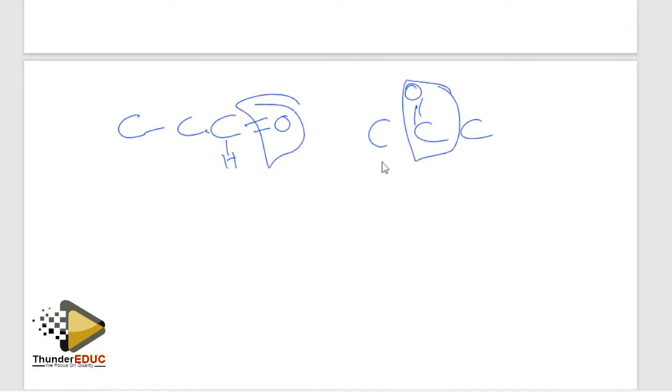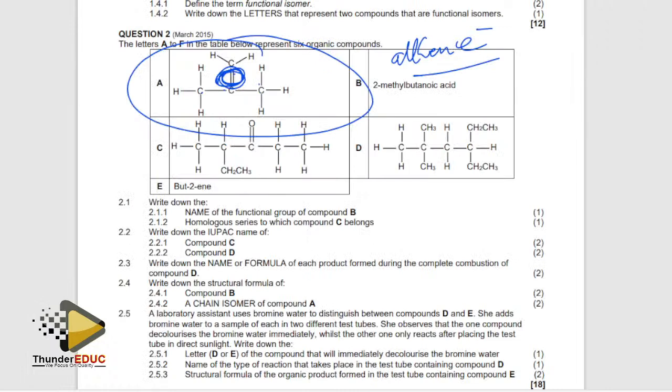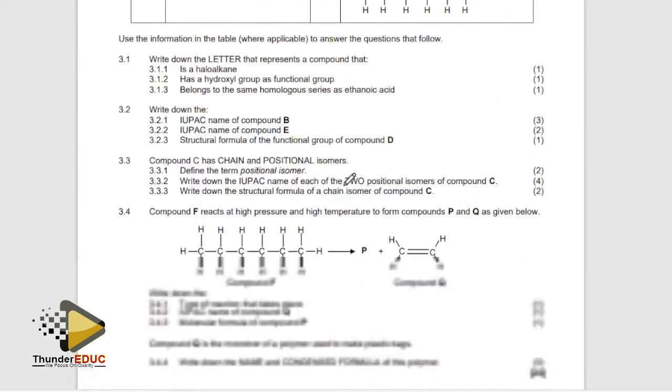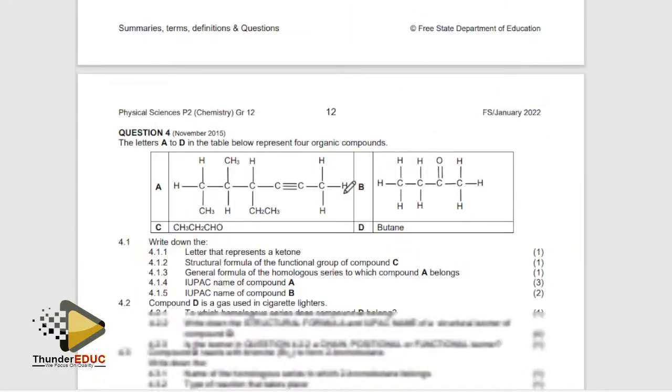So it means that now it has changed the position of the functional group, and the moment it changed from aldehyde to ketone, because it has changed the function, it becomes a functional isomer. I think I'm clear there. So guys, please make sure that when you go there, you know what I've said.